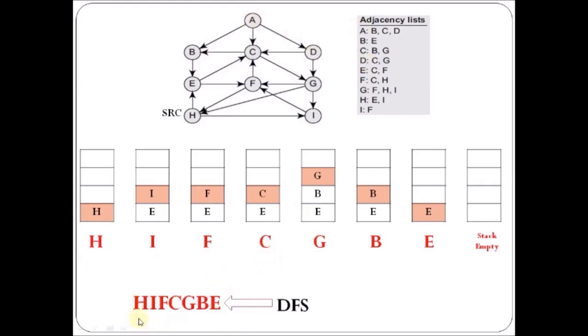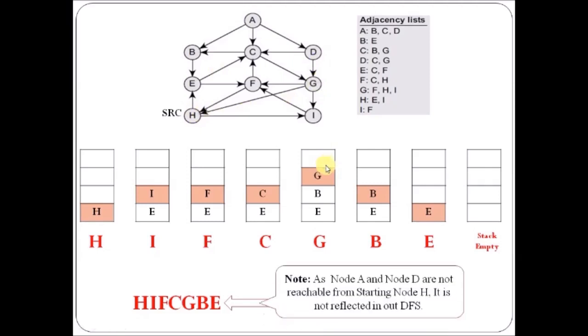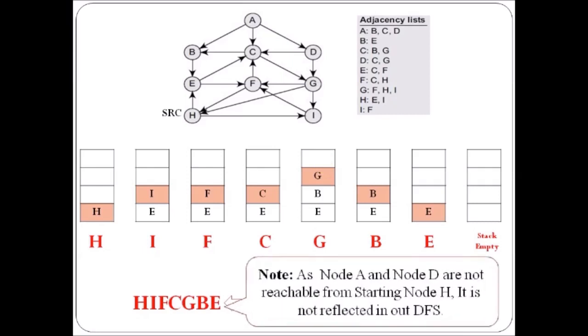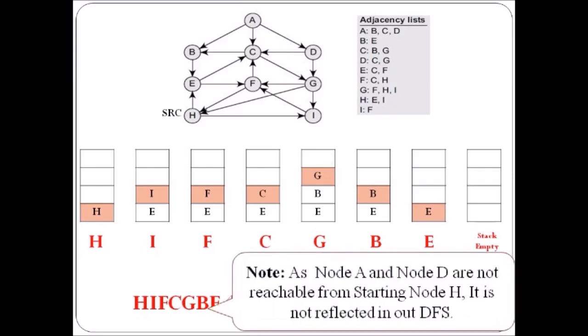This is because node A and node D are not reachable from node H, our source node. It means there is no path from H to A, and similarly no path from H to D. That's why, as node A and node D are not reachable from the starting node H, they are not reflected in our DFS.